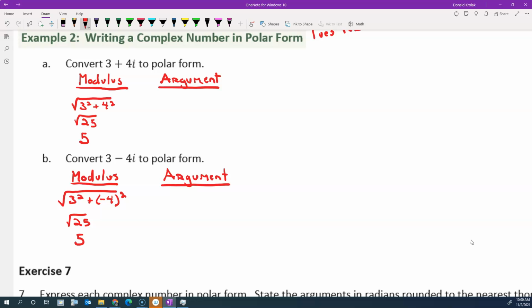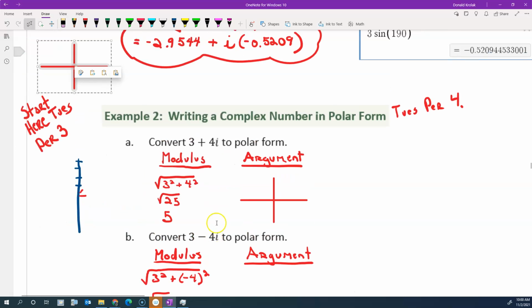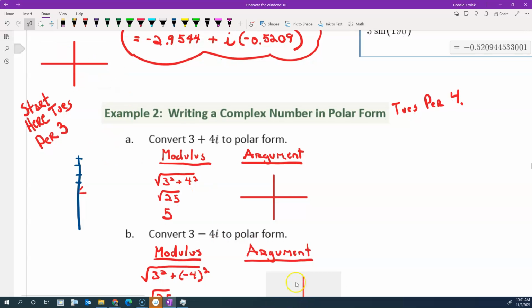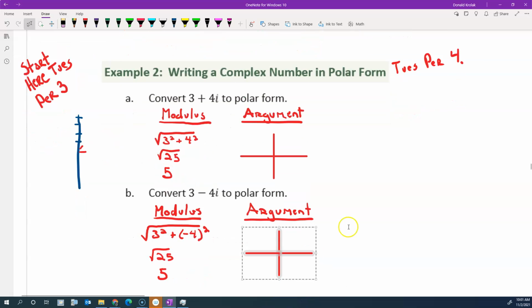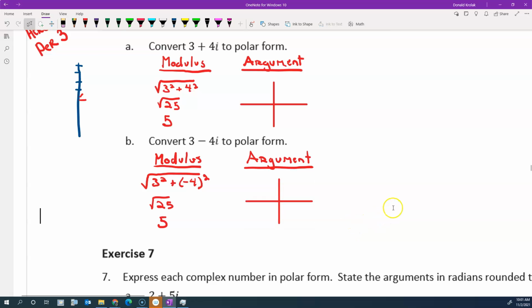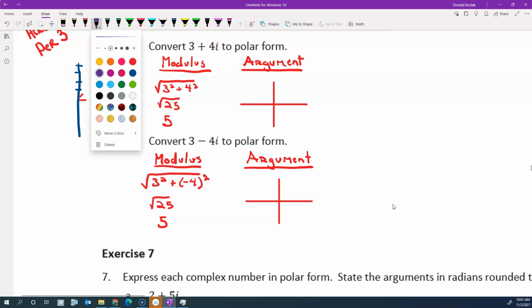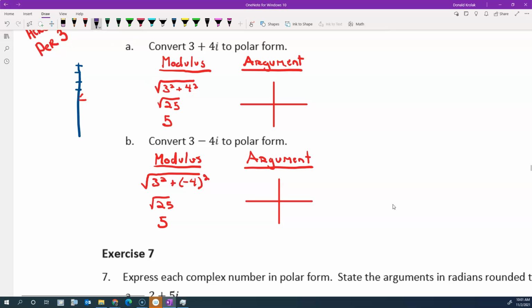All right, so to get the argument, I would graph, so that you know what quadrant you're dealing with. Okay, so if I was to graph this guy, let's see, 3, 4.